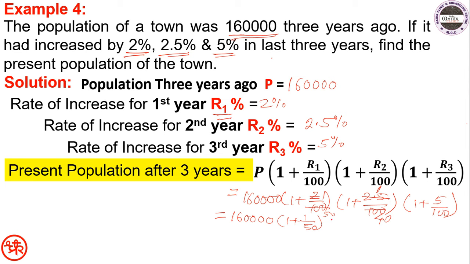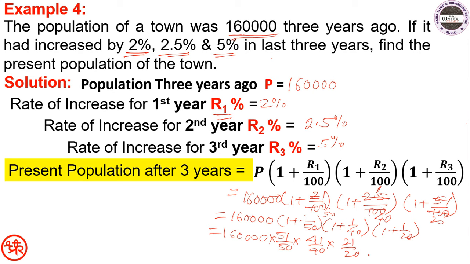And here it is 1 plus 1 by 40, and here it is 1 plus 1 by 20. 5 1s are 5 and 5 20s are 100. So it is equal to 160,000 times 51 by 50, 41 by 40, and 21 by 20. Is that clear?